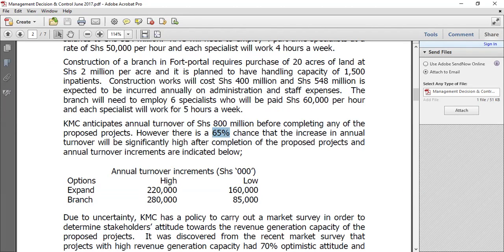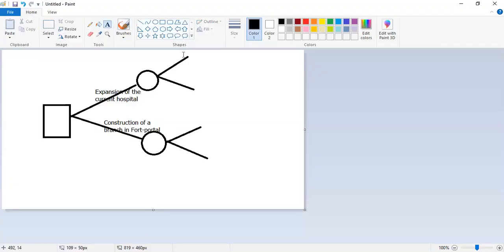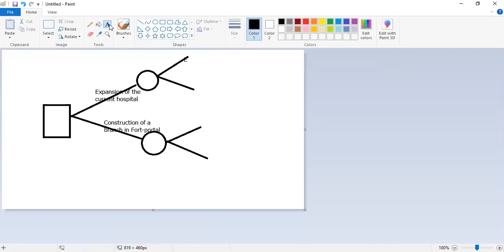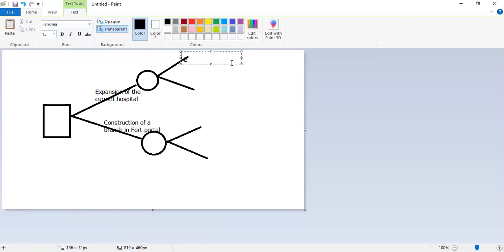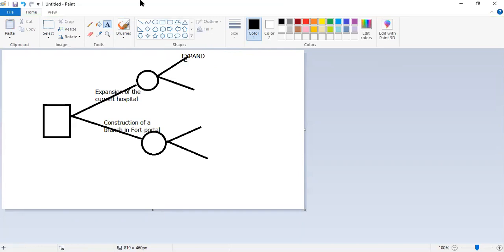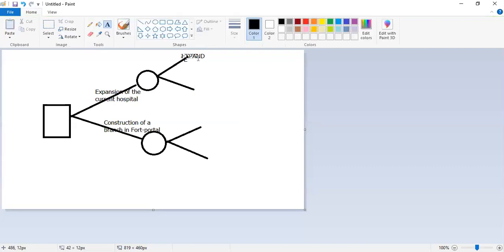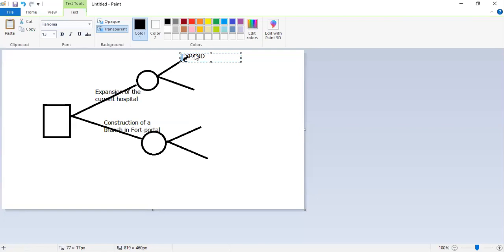So if you want to include the percentages, you can call this to be expand. This can be your expand. Okay, it's not working for me. So this can be expand, and then this can be your, sorry, I call this expand. This is already expand.